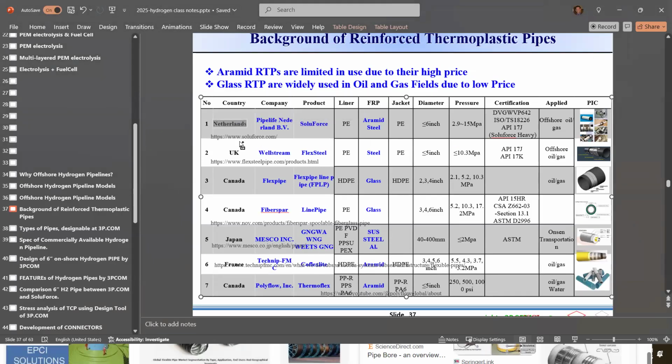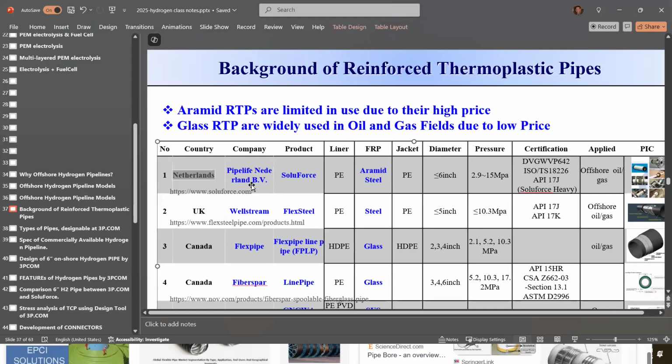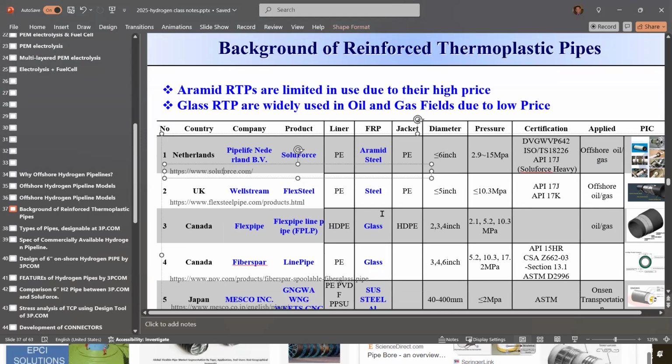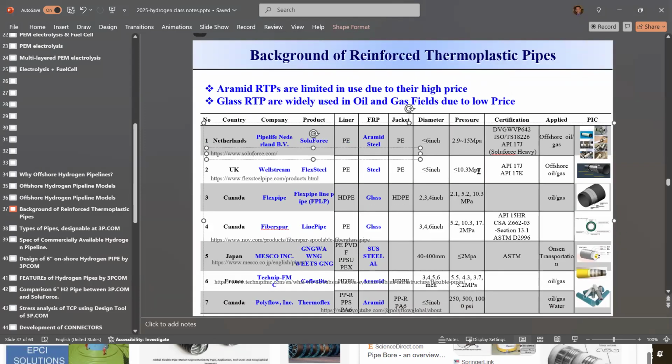Anyhow, there are technologies and companies from country to country. This is the Netherlands, this is the Soluforce pipeline, while the fiber reinforcing can be aramid or steel or glass. And also, by the way, this is the thermoplastic pipe mainly for onshore.